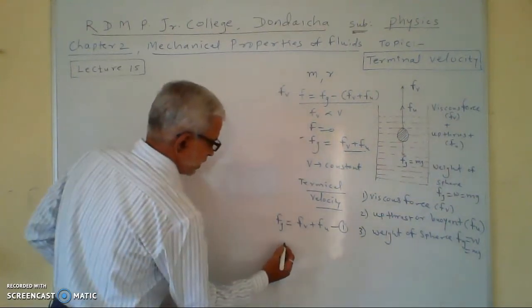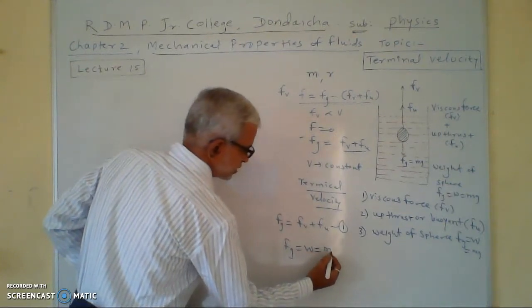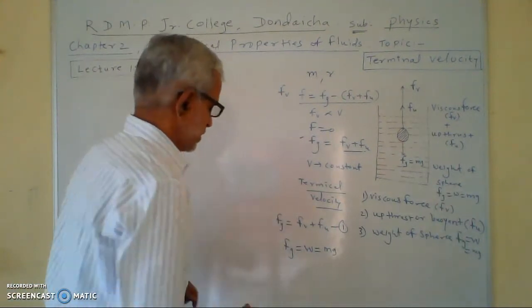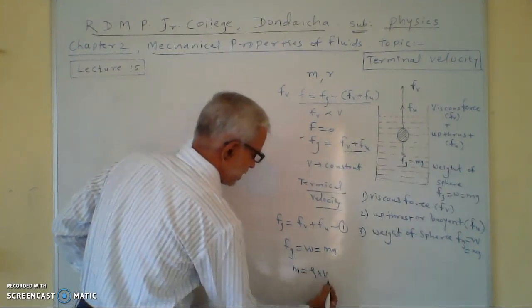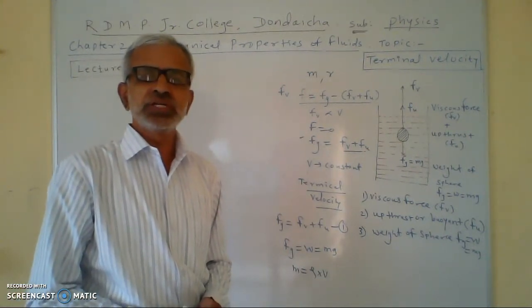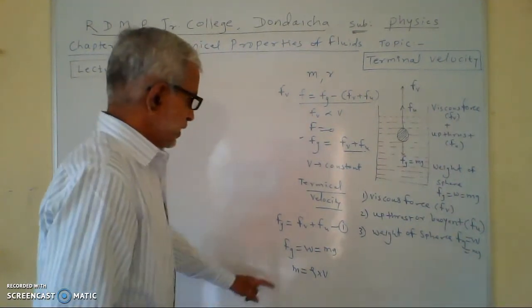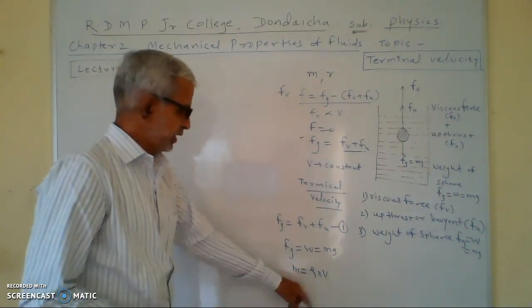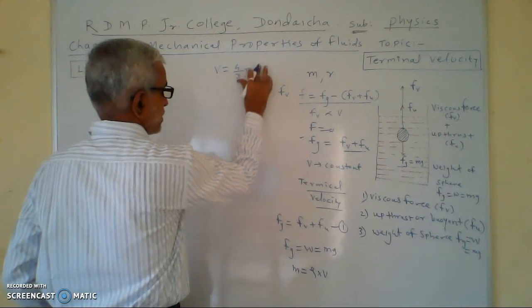Now what is Fg? Fg is equal to the weight of the body, and it is equal to mg. Now what is m? m is the mass of the body, and mass is given by density rho multiplied by volume: m is equal to rho into V. For a sphere, the volume V is equal to 4 upon 3 pi r cube.